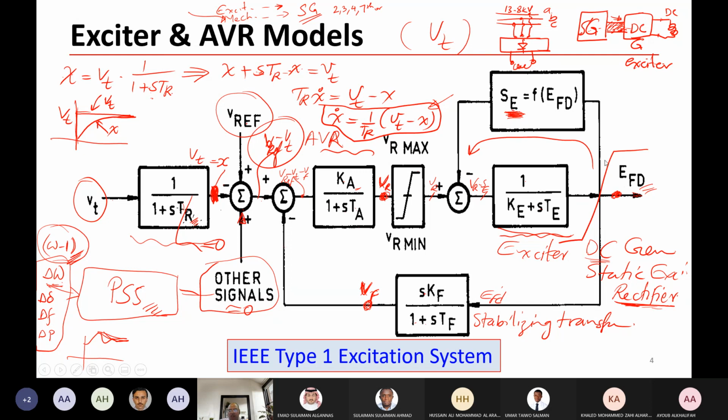This is the excitation, so we have flux, and we may have some saturation, and this is the saturation factor. And since the exciter could destabilize the system, the Ke is negative. In this case, we have what we call the stabilizing transformer.